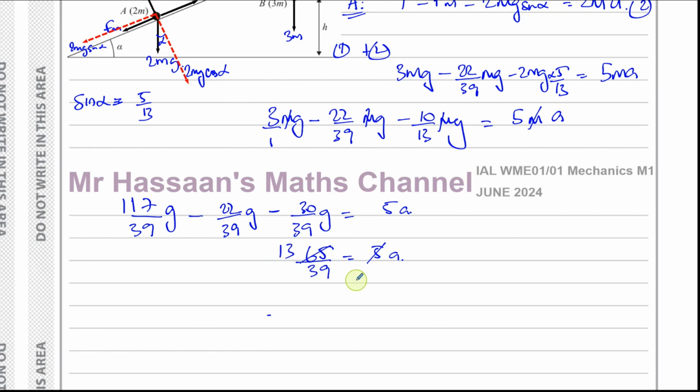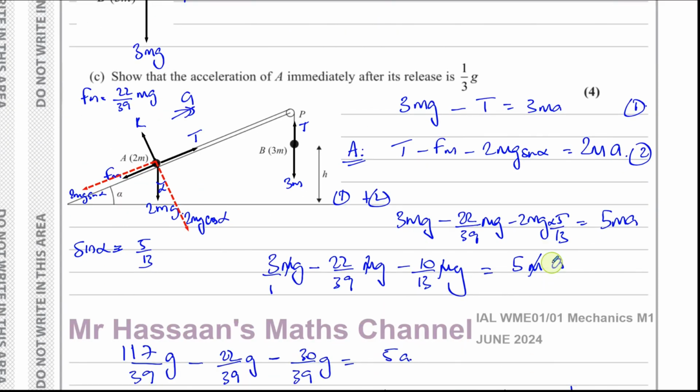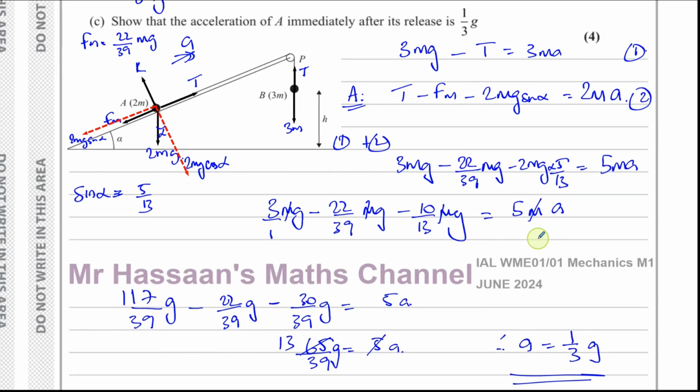We've got 13 over 39, and 13 goes into 39 3 times, so a is equal to 1/3 of g. That's what we had to show. Good. So we know the acceleration of A immediately after release is 1/3 of g. So there we have the answer to this part.